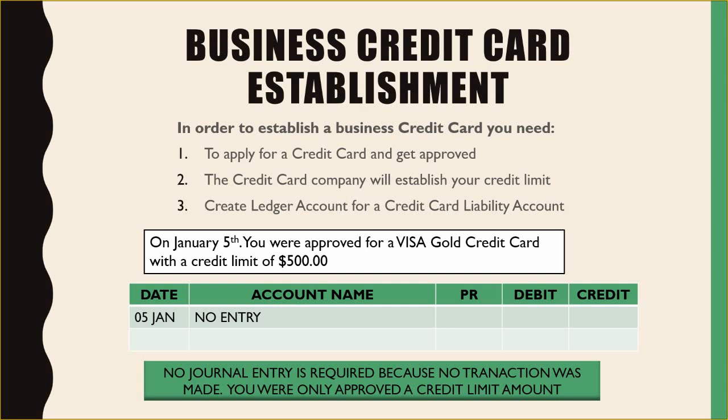All you were approved for here was a credit limit, meaning this is how much money you can spend. If you don't spend your credit card, that means you don't owe any money at all. So that's the difference about having to establish a credit card: you don't need to journalize it as soon as you get approved, because the credit card company is going to establish it for you. That's exactly why you don't need it.